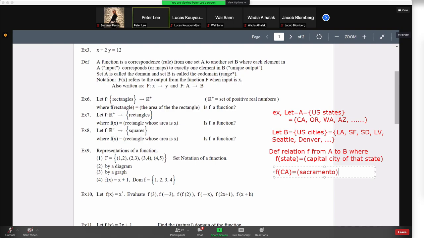Do you think this is a function or not? Is F a function? How about something more difficult? How about Washington? Does anybody know the capital city of Washington State?